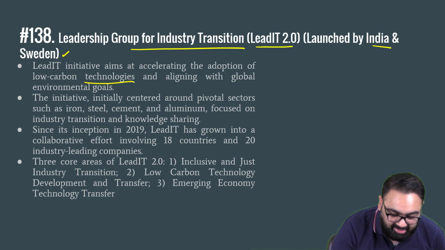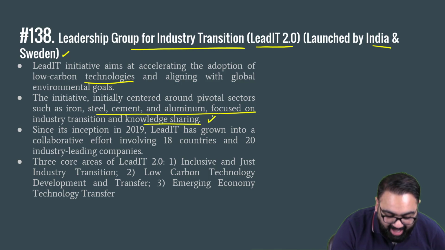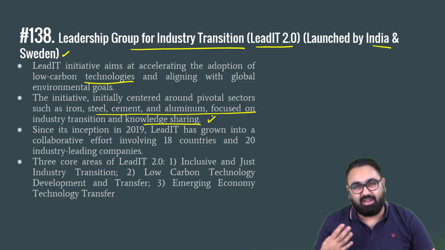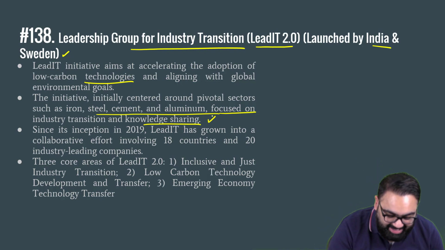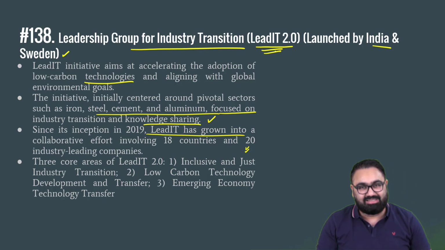Industries such as iron, steel, cement, aluminium will be focusing on knowledge sharing with each other and helping each other's industries to adopt better practices to reduce their emission. This initiative, in fact, has been running since 2019. It was relaunched at the COP28 so that other countries could also participate.